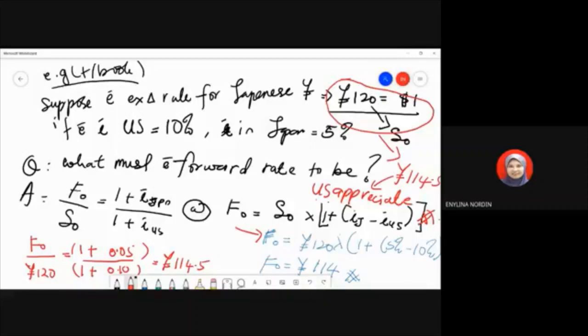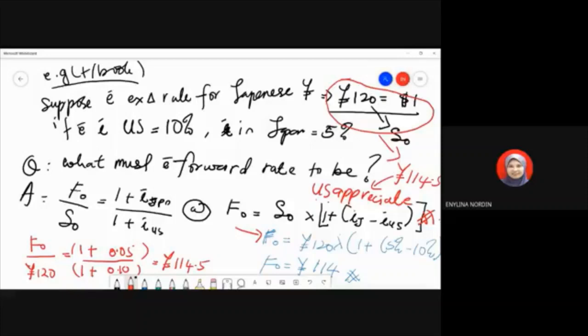Okay, I hope you understand, right, my explanations regarding IRPT and also PPPT. Okay, PPPT is the theory that includes the inflation rate to predict the exchange rate. If you are using IRPT, this is the theory showing the relationship between interest rate and the exchange rates.